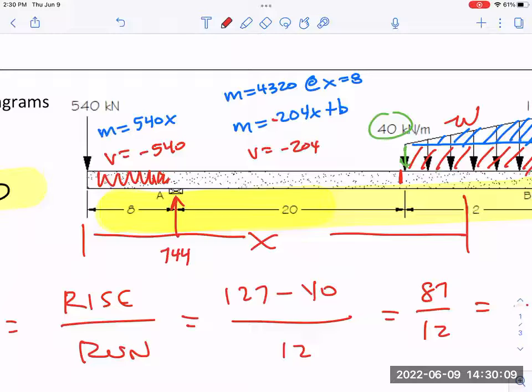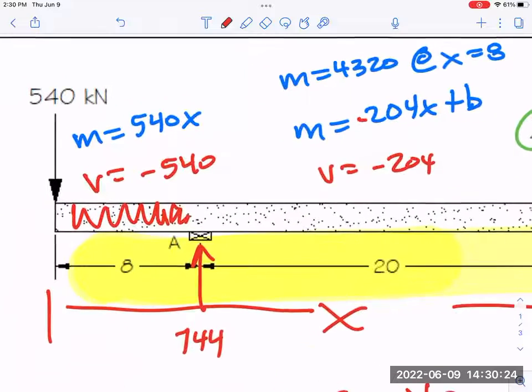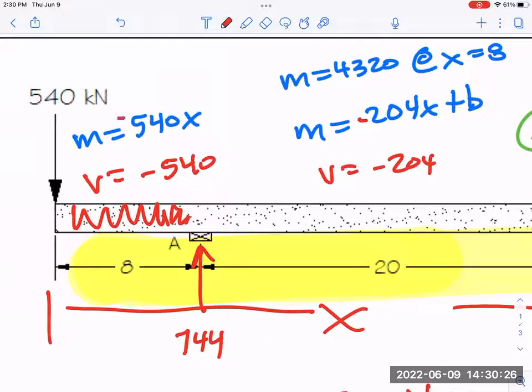Plus B. Let's see, well, kind of, notice that makes this moment negative 540x, which makes this moment negative 4320. So it's actually negative, B is negative 5952.